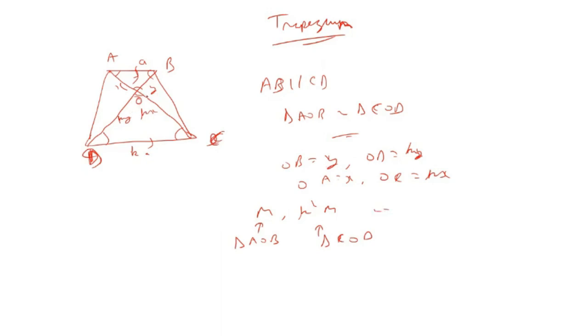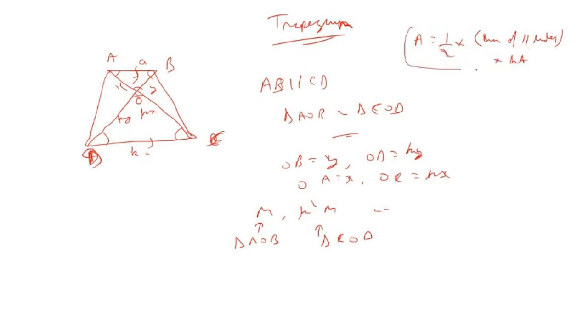But the thing is, how to find these two areas, right? Now, there is a direct formula for the total area of a trapezium, which is half into sum of parallel sides into height. And we had used that in the octagon question as well.